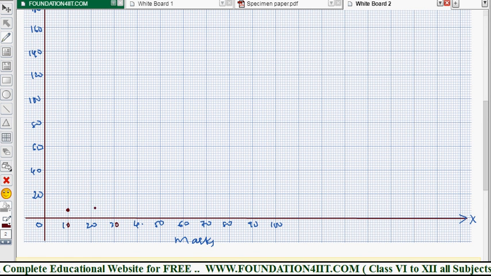And 20 comma 28. Observe the millimeters clearly and plot it. And 30 comma 54, up to 50, 54. 40 comma 71.